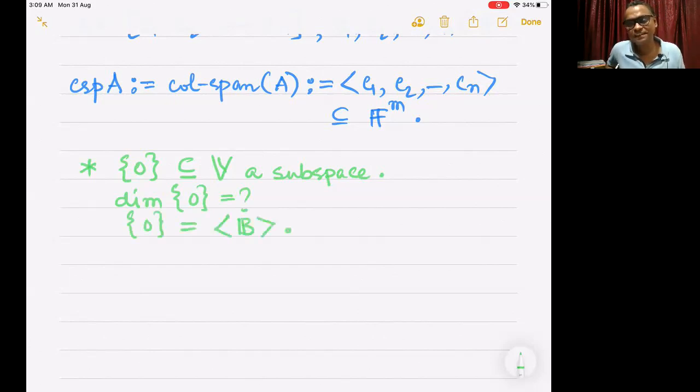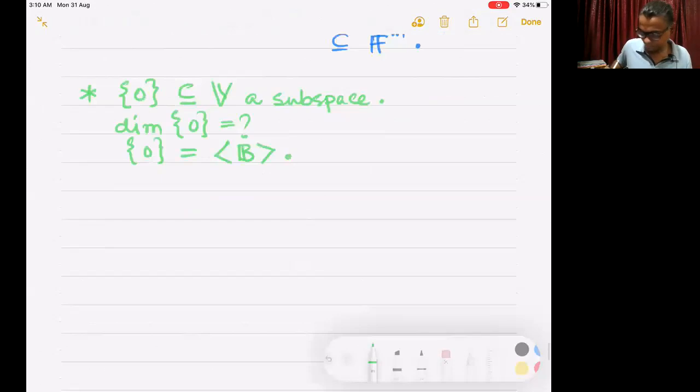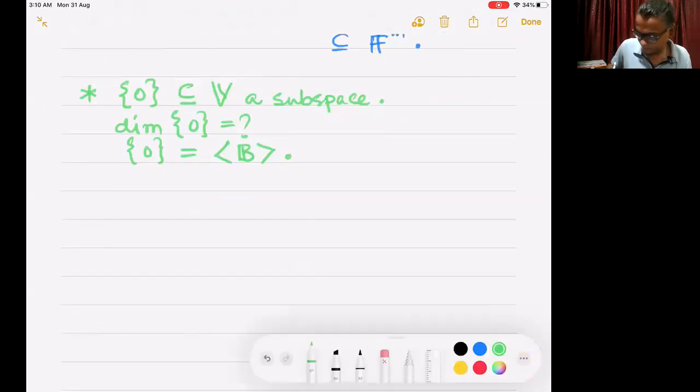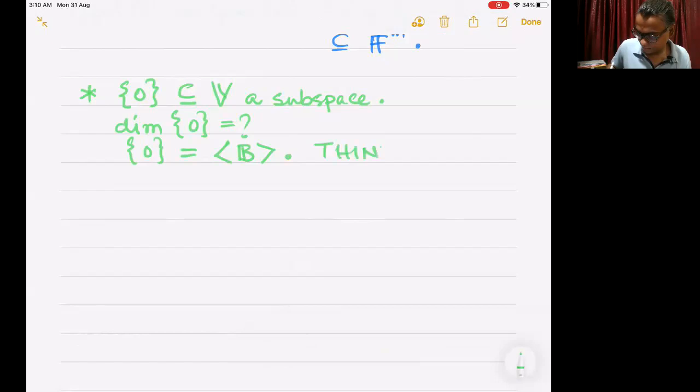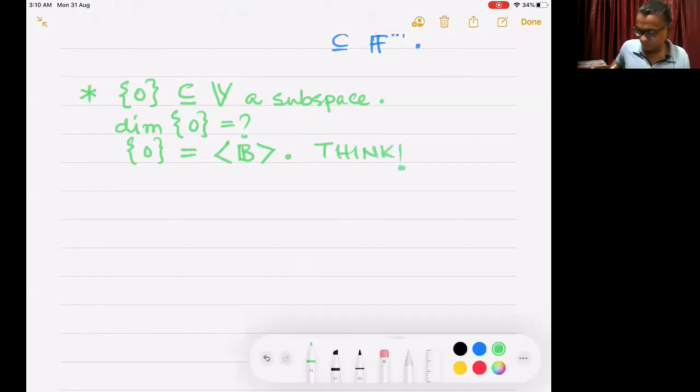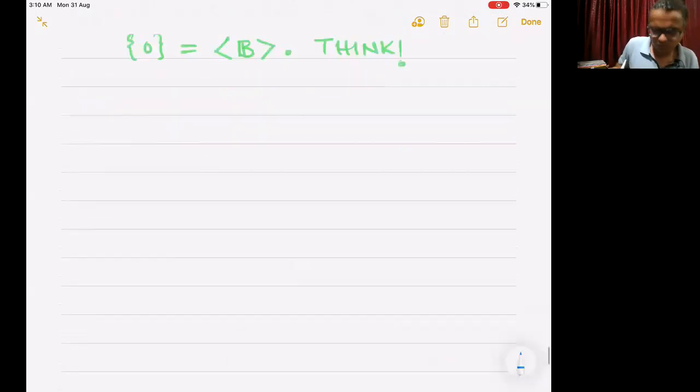Of course, it has a generating set, the zero vector itself. But zero is not linearly independent, because we have already seen that any collection that contains the zero vector is linearly dependent by default. So then how do I get a basis? Think about this while we talk about finding a basis for a row span.